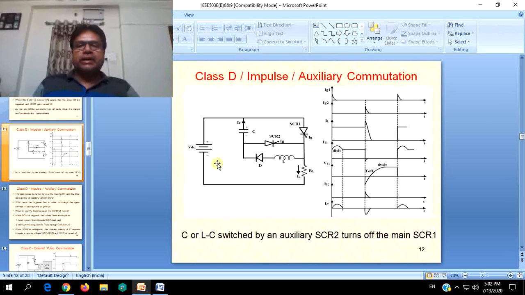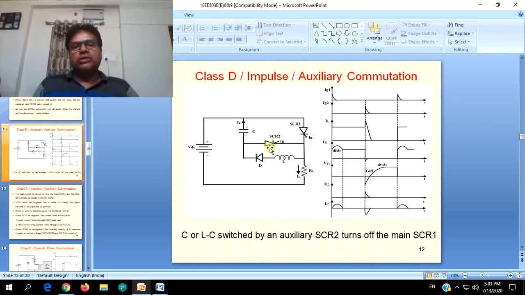The main current, which is the actual load current, will be flowing via the source, the main SCR and the load, and the capacitor, which has been charged to a voltage equal to the source voltage, will also discharge via the positive plate, main SCR, the inductor and the forward biased diode back to the negative plate.